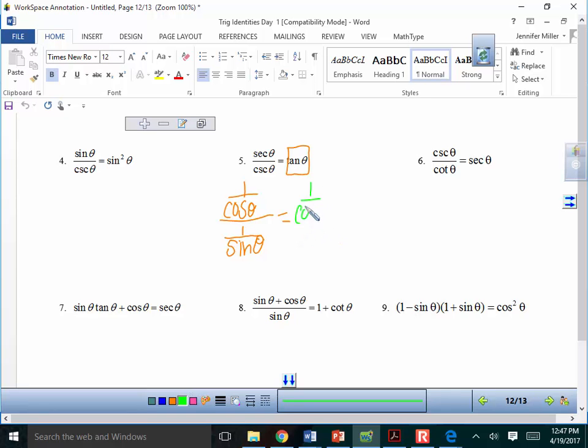So we have 1 over the cosine of theta, and we want to multiply that times what, Alexia? Cosine of theta over... So we already used this. Now we need to multiply it by the reciprocal of the bottom, which is what? This is 1 over sine of theta.